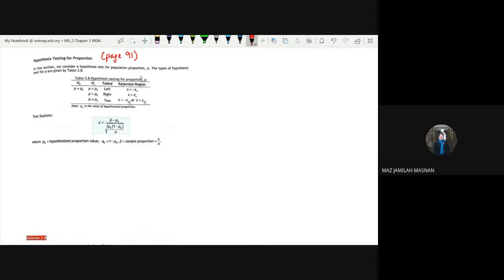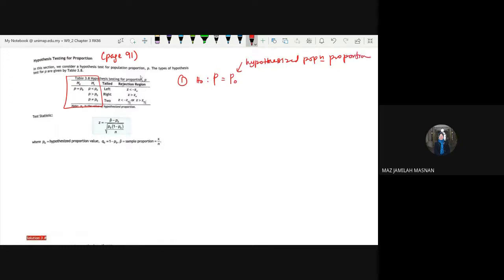So if I take from this particular part, the first one, if you have a two tail test, then you will have H naught: P is equal to P naught. This is your hypothesized value, the hypothesized population proportion.